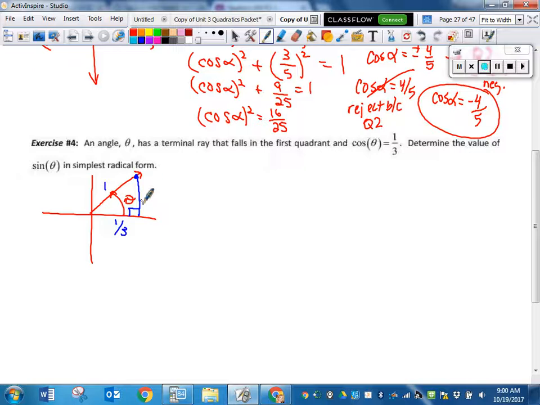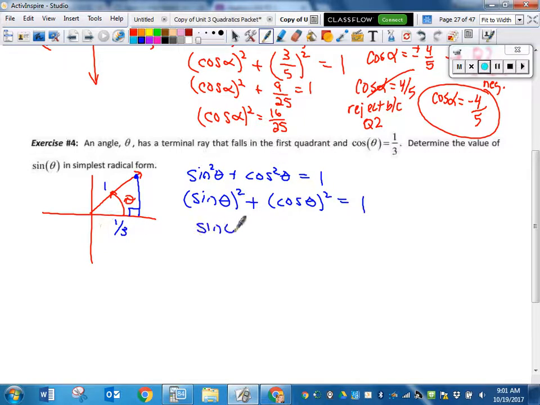All right, so sine squared theta plus cos squared theta equals 1. Really the same thing as sine theta squared plus cos theta squared equals 1. They gave me cosine in this case, so sine theta squared plus 1/3 squared equals 1.